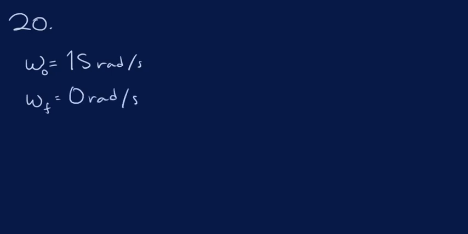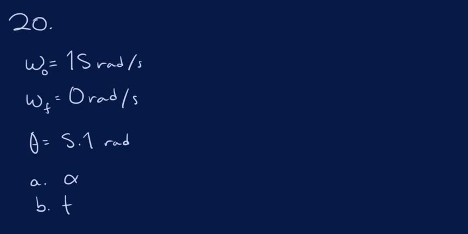During this time, her angular displacement theta equals 5.1 radians. So we need to determine A, her average angular acceleration, and B, the time during which she comes to rest.